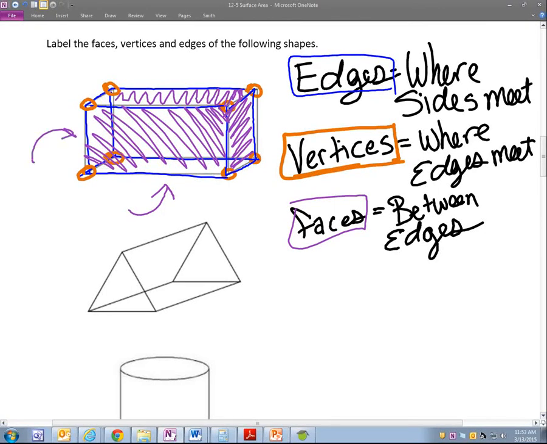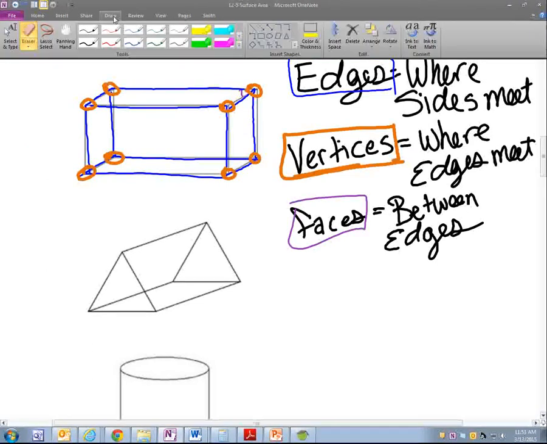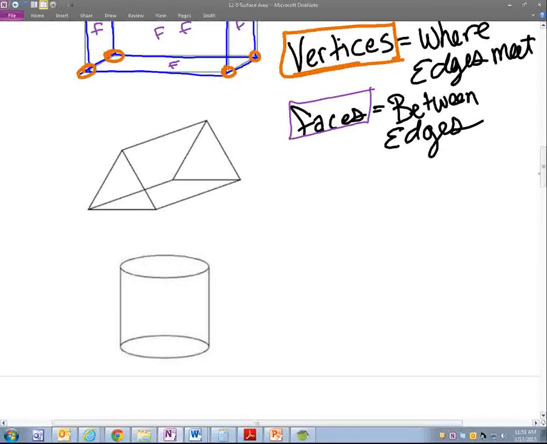Then there's a face behind to the side there, and then there's a face behind back there. There's going to be 6 faces.